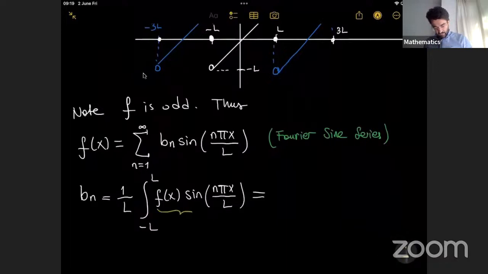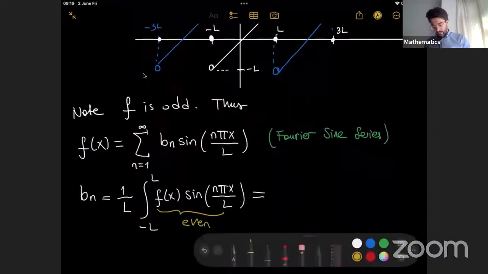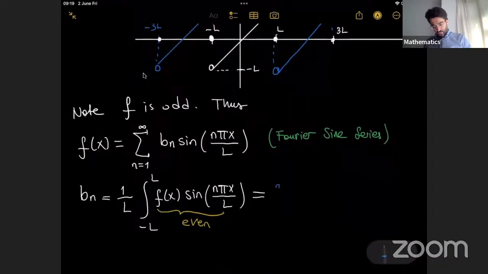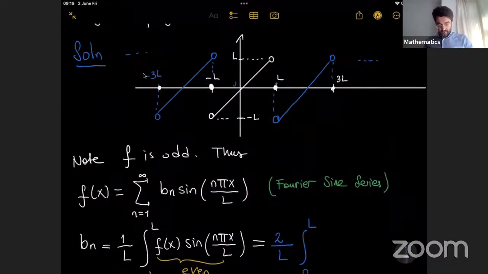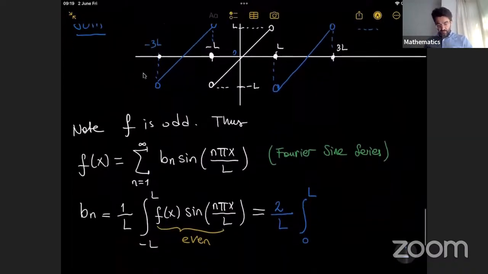So this is even because odd multiplied by odd will give you an even function. You can write it like this: 2 over L, integral from 0 to L. What is f of x from 0 to L? From 0 to L, f of x is equal to x, right?